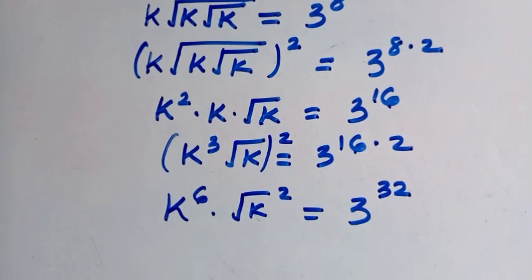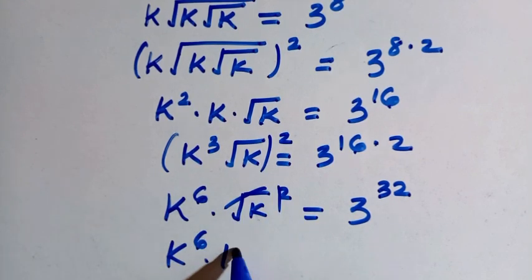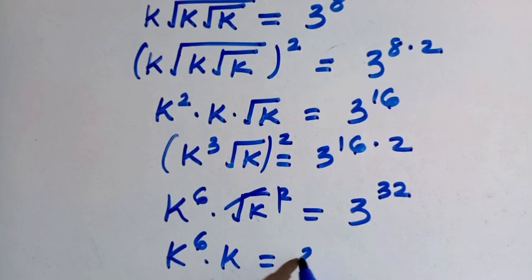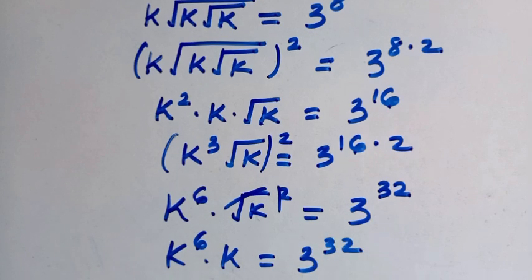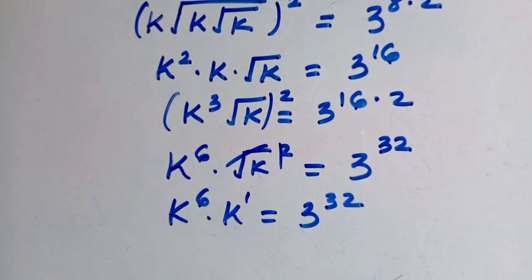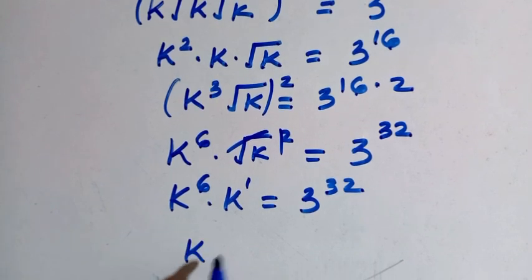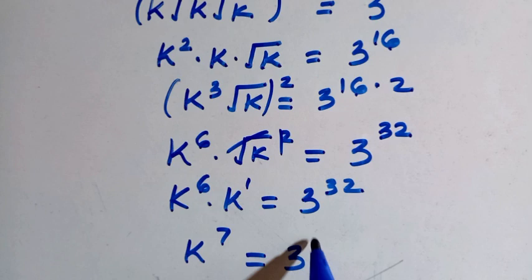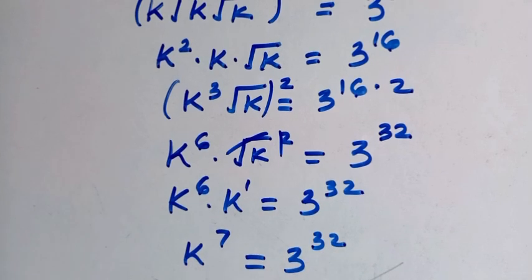Then we have k raised to power 6 multiplied by this cancelled, as we have k equals 3 raised to power 32. And when we multiply this together by rule of indices, we have k raised to power 7 equals 3 raised to power 32.